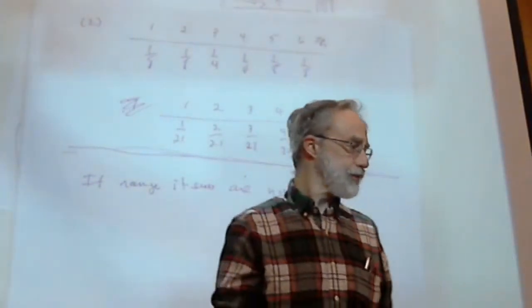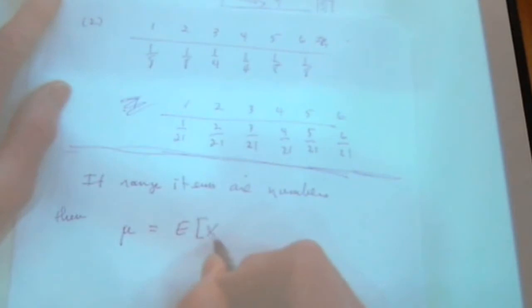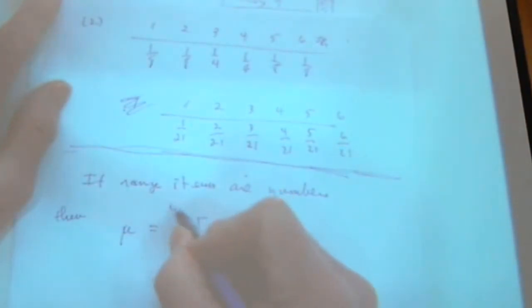And again, you might say, well, define numbers. You could say left is 0 and right is 1. It's also called the expected value of x, so it's E of x.